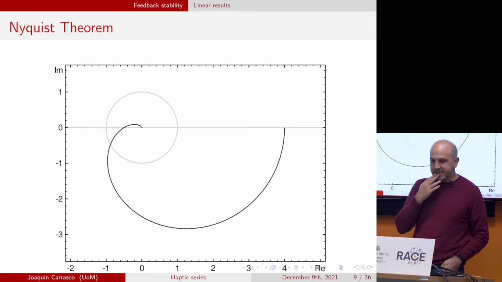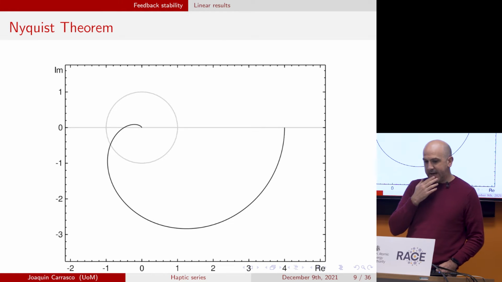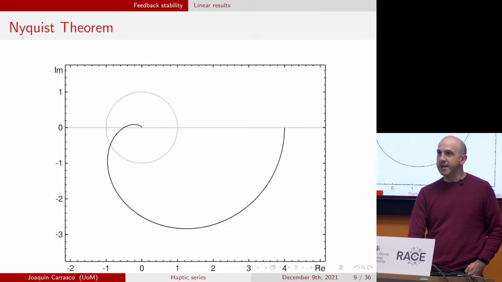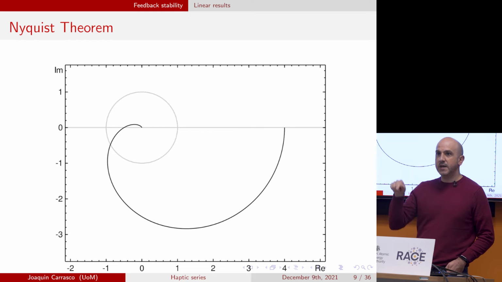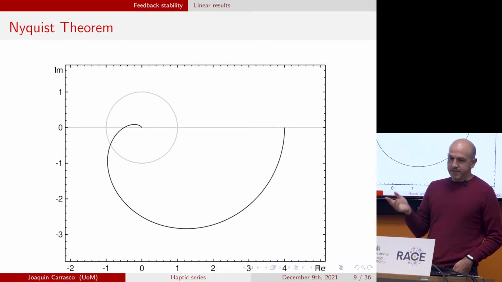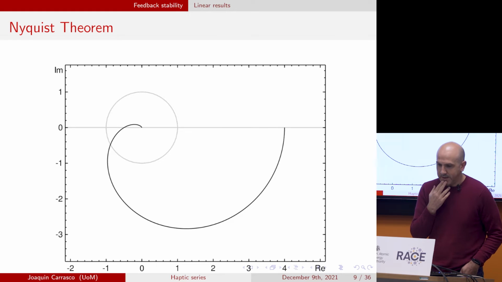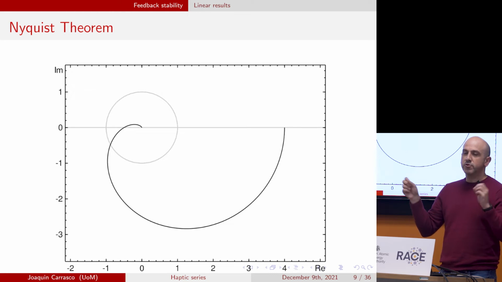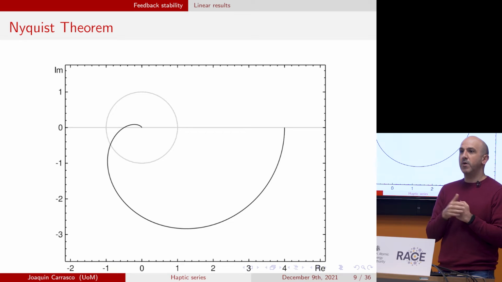So this is the classical Nyquist plot, and then I have the point -1 here. I need to make sure that this curve doesn't go around the -1, doesn't encircle the -1. In the classical undergraduate course, you will have two important definitions for the robustness, or for a measurement of how stable your system is.